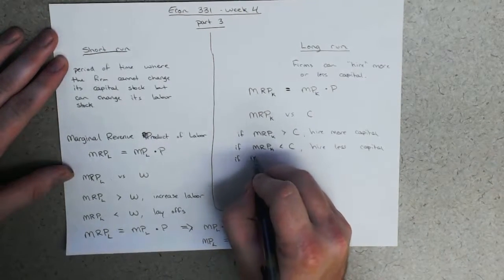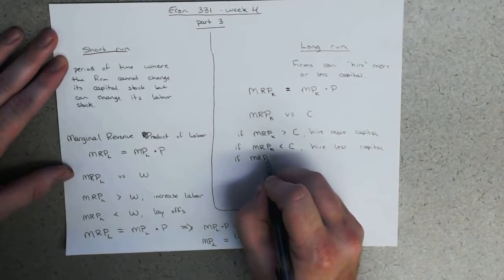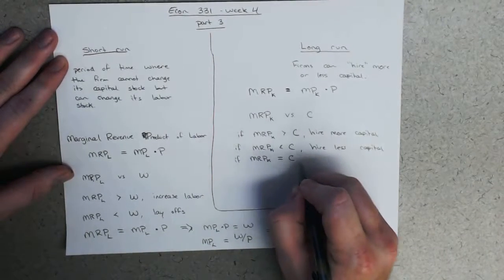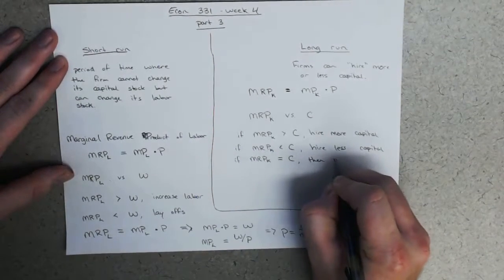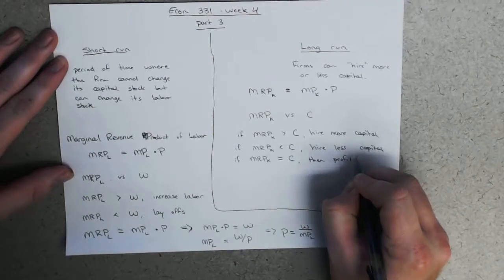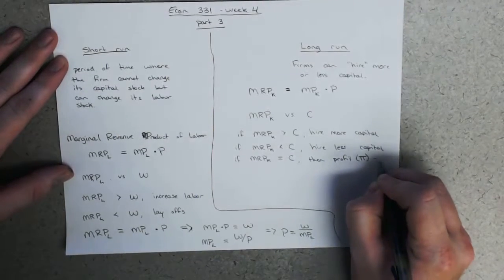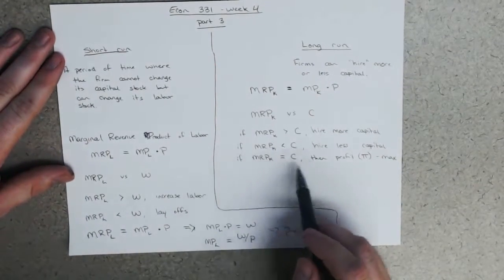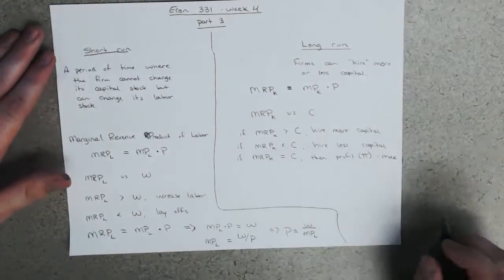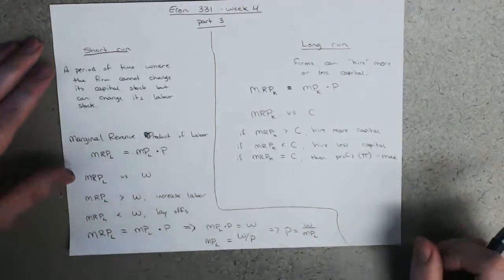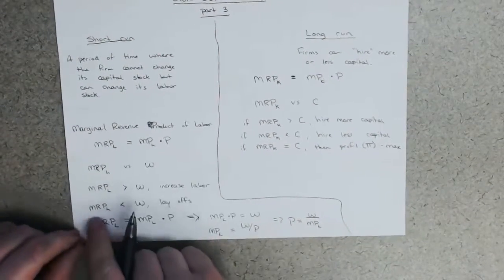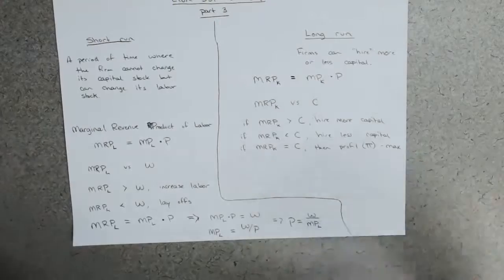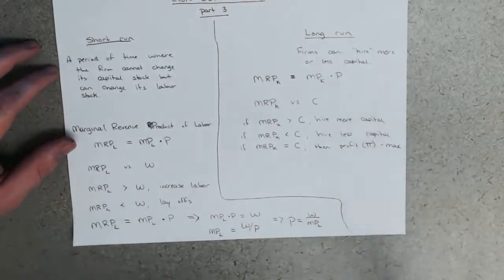If MRPK equals C, then profit is maximized, right? So if marginal revenue product is equal to C, then profit is maximized, okay? And the same over here. If marginal revenue product of labor is equal to the wage, profit is maximized.